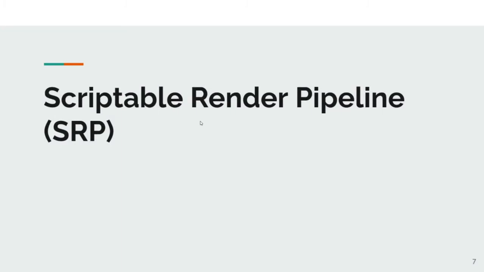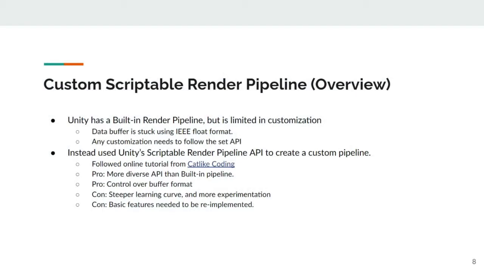So going to start off with the scriptable render pipeline. As a brief overview, when you start off a project in Unity, it might be different nowadays, but at the time that I started the project, it would just start off with a built-in render pipeline that you'll typically see. The data is stuck in a very fixed format of float values, which is like how the computer considers real numbers, so like decimals and things like that.